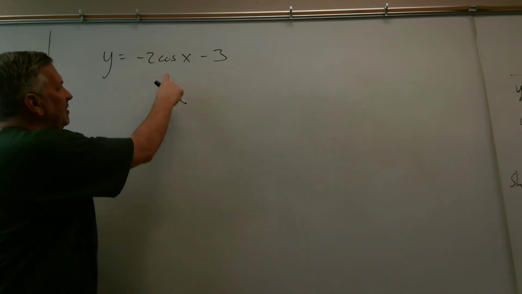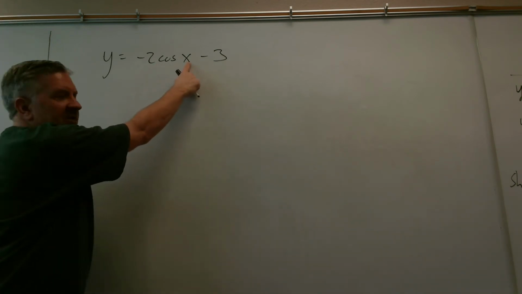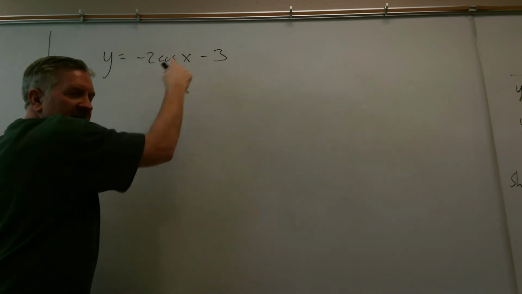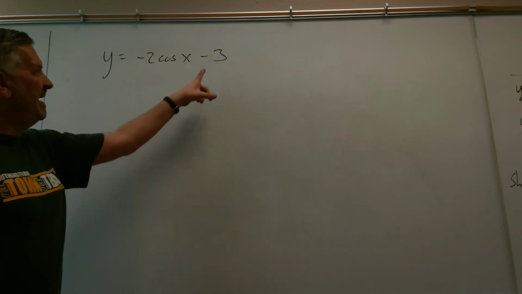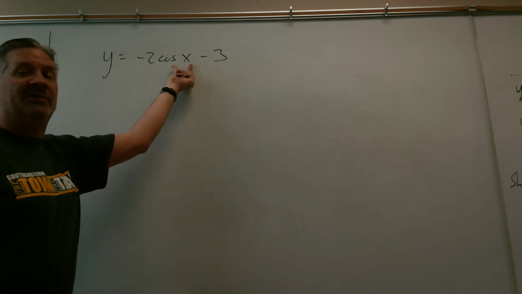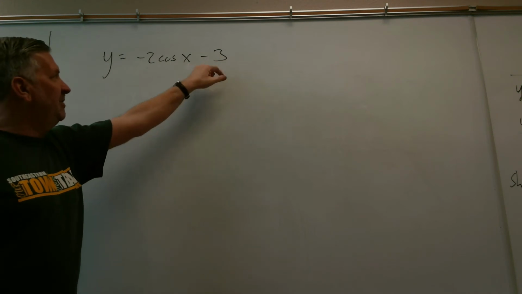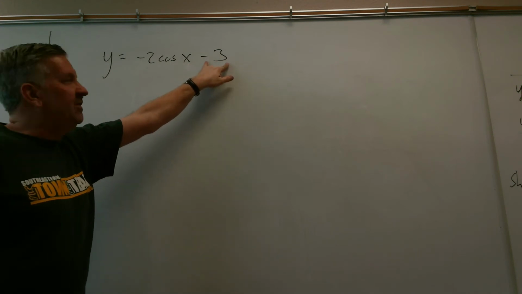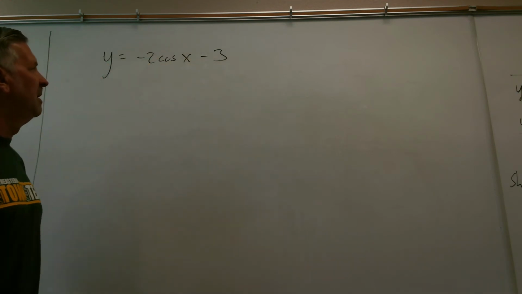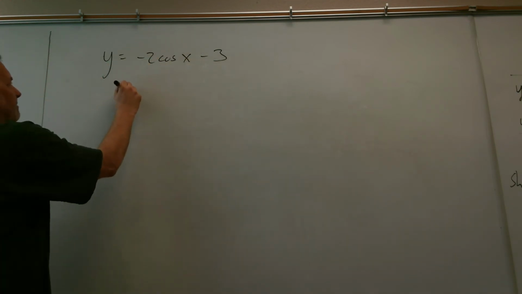Order of operations is do the cosine of x. Order of operations is multiply by negative 2 and then subtract. So this negative 3 is not part of the x, it's not part of the angle. The angle here is x, and that's it. So this is going to be the vertical shift, because you're not subtracting 3 from the x, you're subtracting 3 from this whole thing. So let's do the identifying.